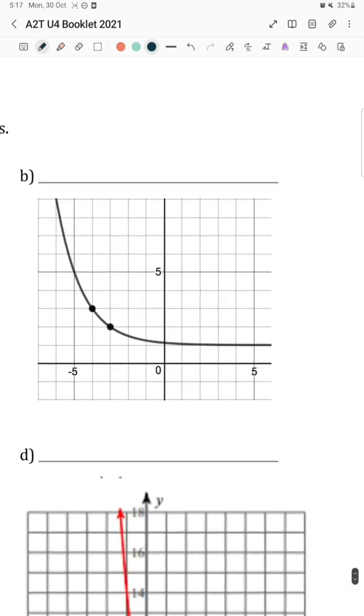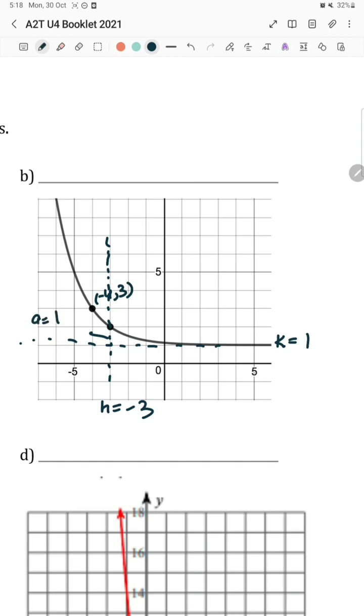Okay, for this we have 2 points. The point is minus 4 and 3, and this is the point where we have... okay. So this is the point k is equal to 1. This is the point h is equal to minus 3, and here the distance is a is equal to 1.